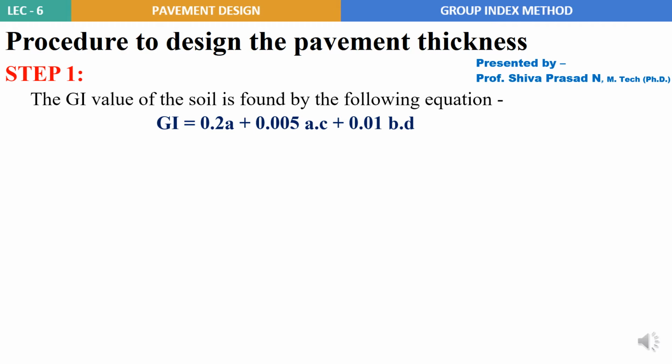If you recall, this equation is the same which we have used to classify soils in the HRB method of soil classification. So let's look into the different variables involved in this equation.